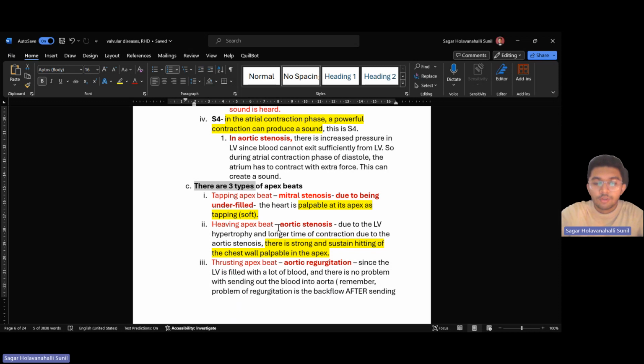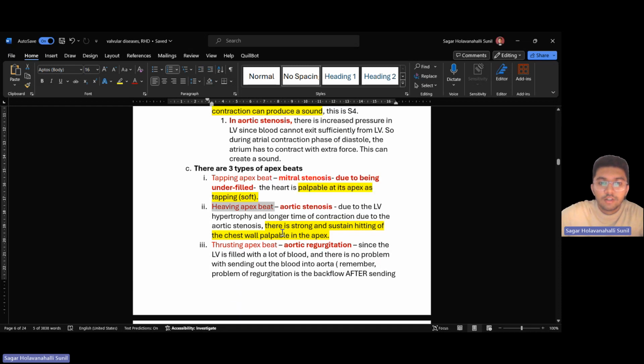Therefore, in aortic stenosis, when you auscultate, you can hear a sound that is very strong and of a longer duration. It feels like there's a sustained hitting of the apex of the heart towards the chest wall. And this is called a heaving apex beat.